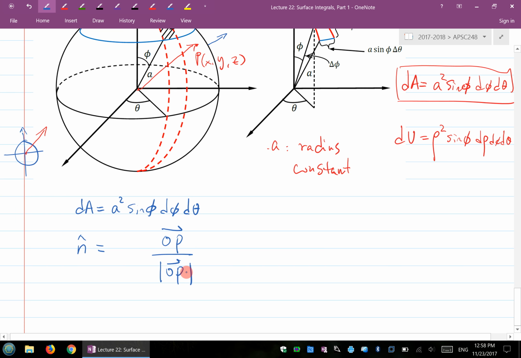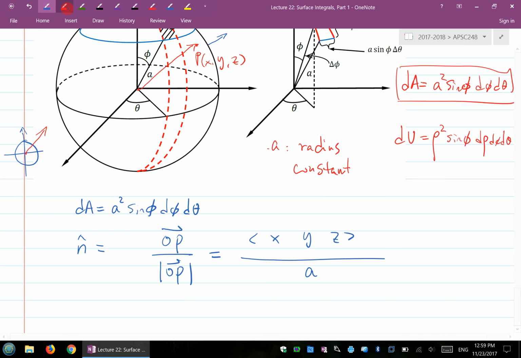Okay? So now you see we can put things together. OP represents the vector x, y, z. If the coordinates for P are x, y, z, then OP is x, y, z. And the bottom here is the length of OP. And what's the length of OP? Exactly, right? That's your norm here.